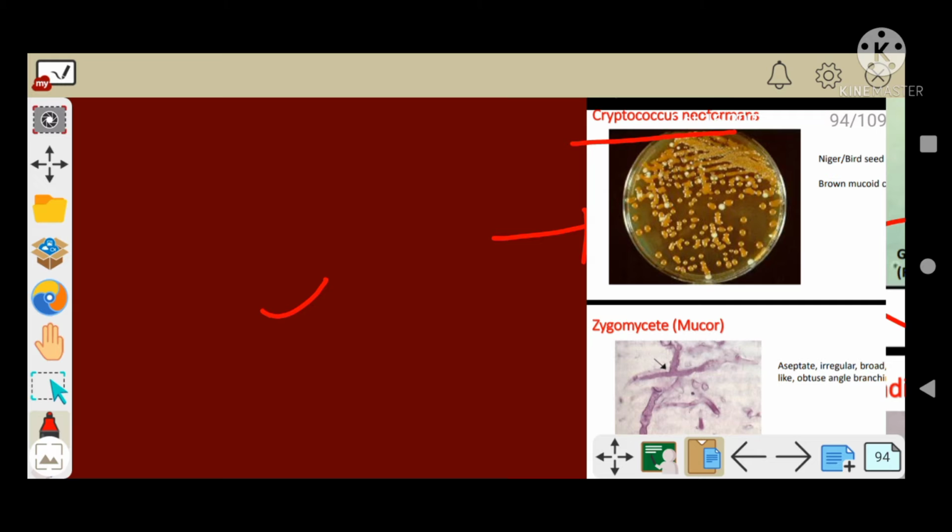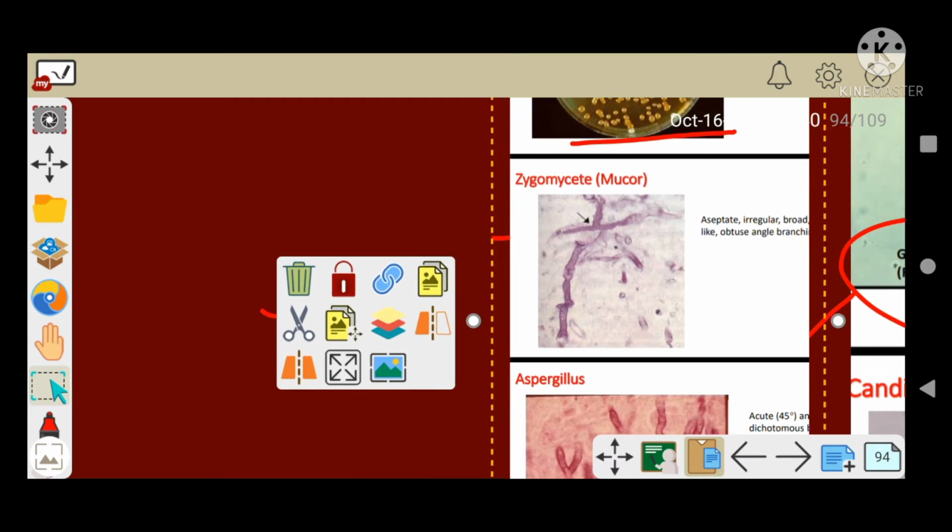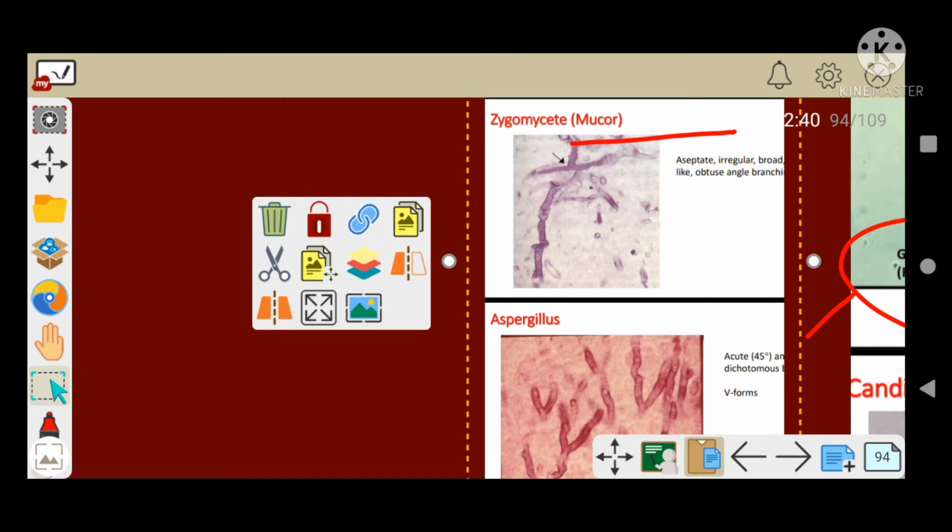Cryptococcus neoformans, actually it is from bird droppings or bird feces, right? So it gives brown mucoid colonies, correct? And this is your mucor. I have shown you the aseptate branching hyphae, but it is irregular, correct? So this we discussed.